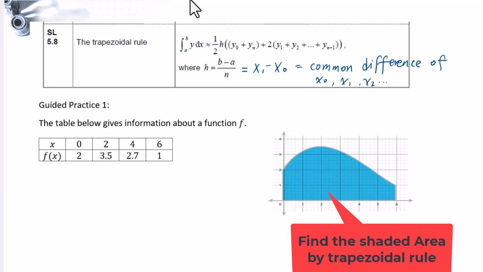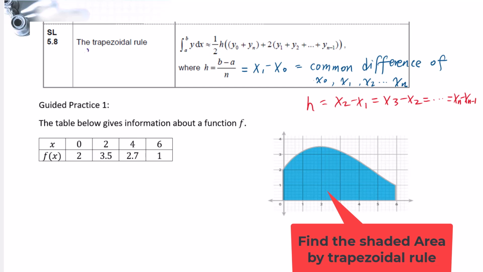x2 until xn. In other words, this h you can write down as x2 minus x1, or x3 minus x2, or x sub n minus x sub n minus 1.